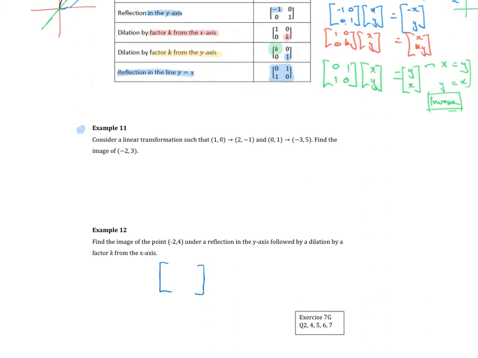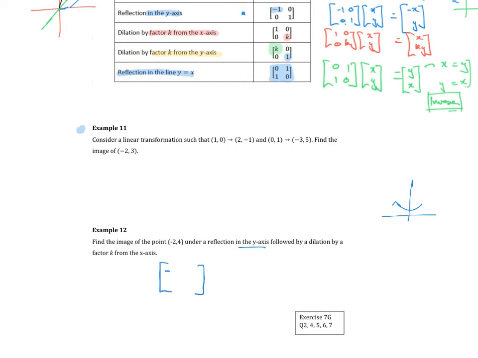Okay. It says under a reflection in the y-axis. So if it's in the y-axis, it means that the x value was affected. And if the x value is affected, that's a negative over here. Okay, so reflection in the y-axis is a negative at the start, followed by a dilation by a factor of k from the x-axis.